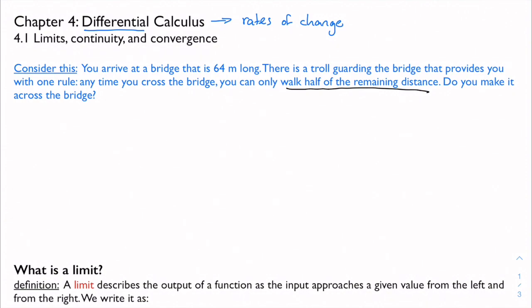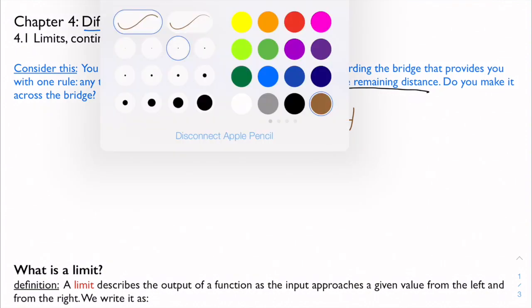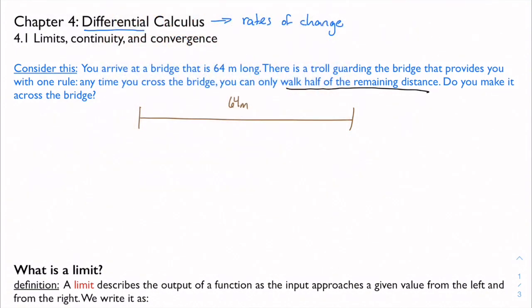So let's look at this problem. We have a bridge. So maybe here is the length of my bridge, and my bridge is 64 meters long. Every time I cross that bridge, I can only walk half of the remaining distance. So I'm going to start listing out the distances that I crossed, the distance that I've crossed every time I cross the bridge.